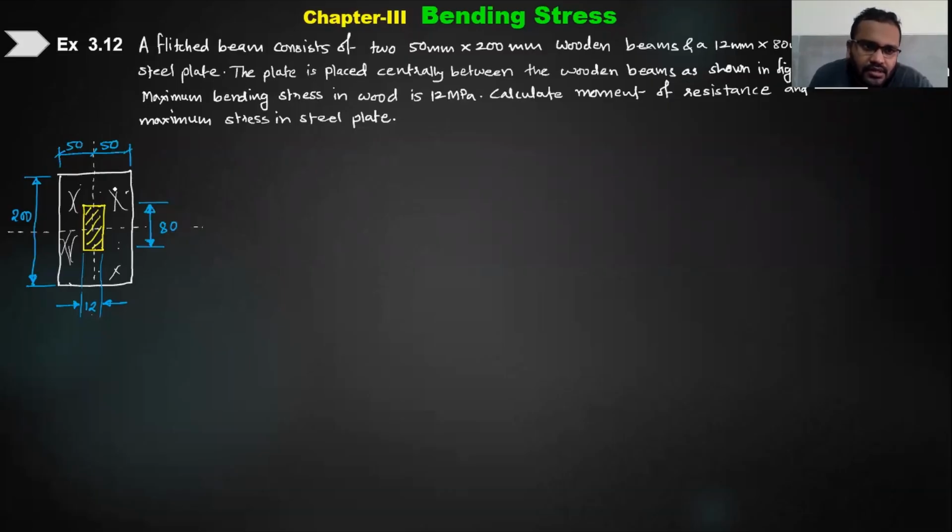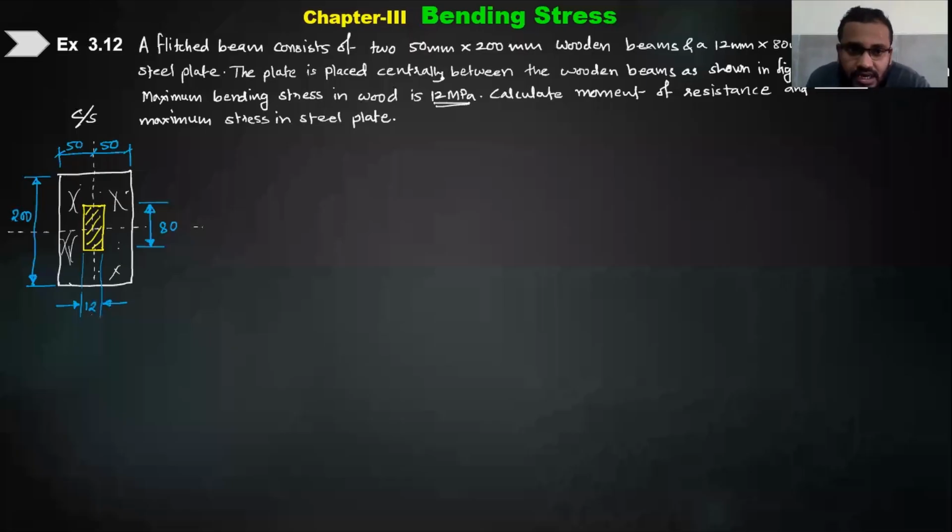This is the cross section of the beam. The plate is placed centrally between the wooden beams as shown in the figure. The maximum bending stress in wood, sigma wood maximum, is given as 12 MPa. Calculate the bending moment of resistance and maximum stress in the steel plate.